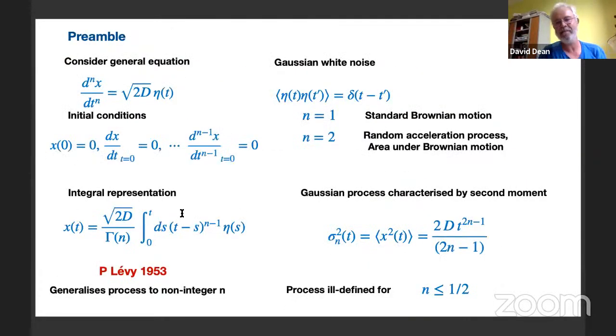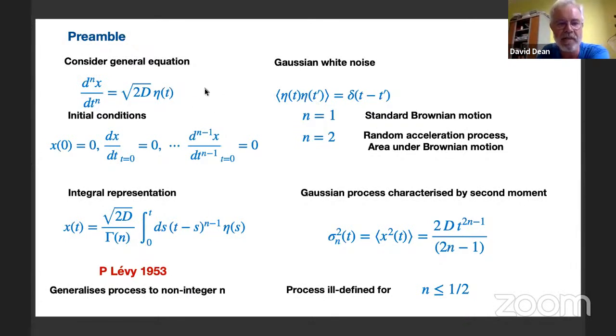So actually let me just explain the basic problem. Imagine we take this diffusion equation here, with n derivatives. I look at a generalization of an acceleration, and I'm just going to drive the process by white noise. This is a well-studied problem. White noise is the classic passive thermal noise.